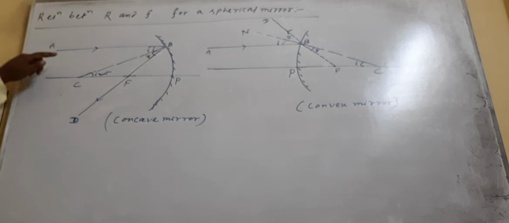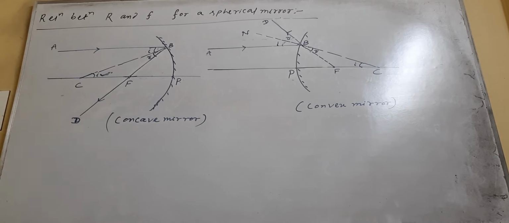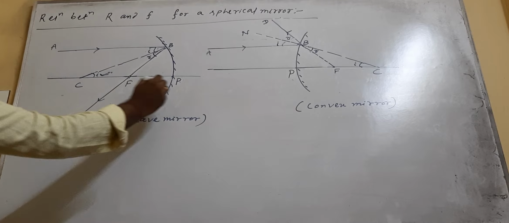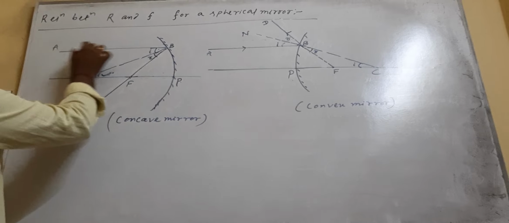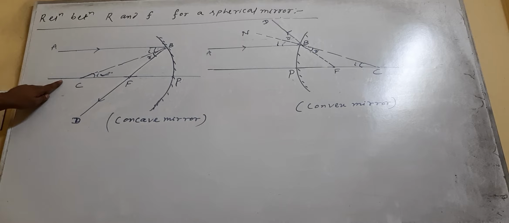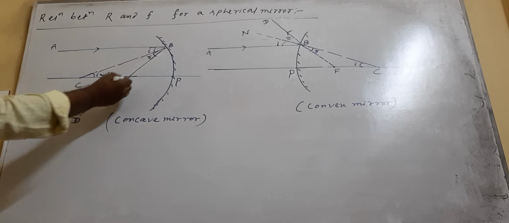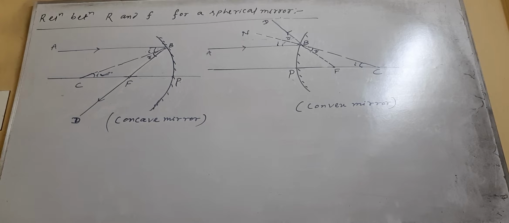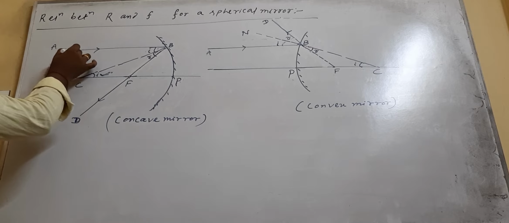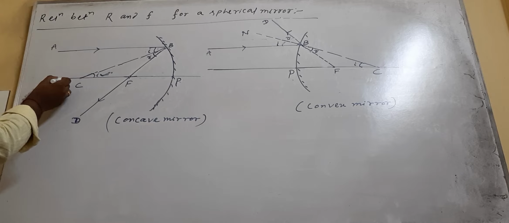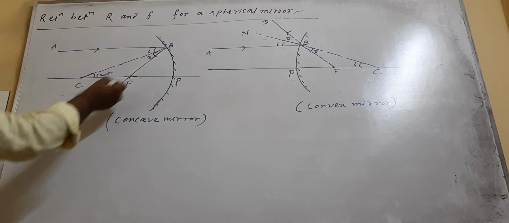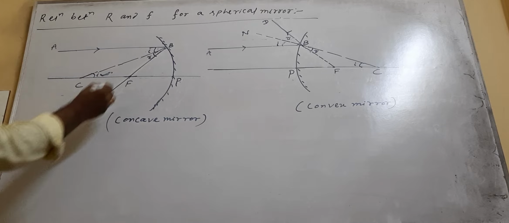You see the principal axis and the pole, and the incident ray FB parallel to the principal axis. After reflection it goes along BD, and you know that if the incident ray is parallel to the principal axis, the reflected ray meets the principal axis at the focus.